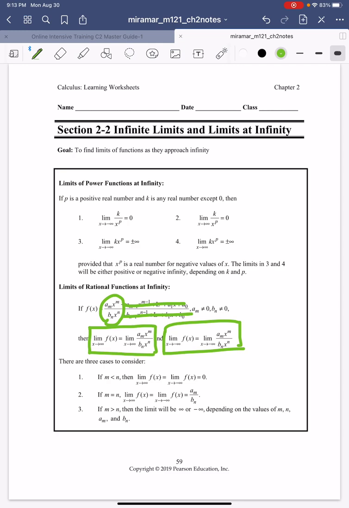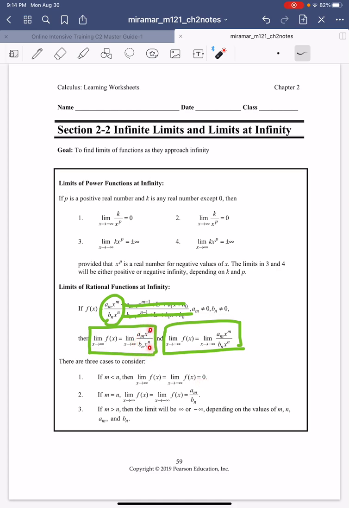There are three cases where this will apply. If m, the degree or exponent of the numerator, is less than n, the degree of the denominator, then the limit at infinity or negative infinity is 0. Because think about this: if you have a higher power on the bottom, because n is bigger, you're getting a bigger number here. You're getting big, big, big. What happens when you have a big number on the bottom? Generally, this fraction goes to 0.